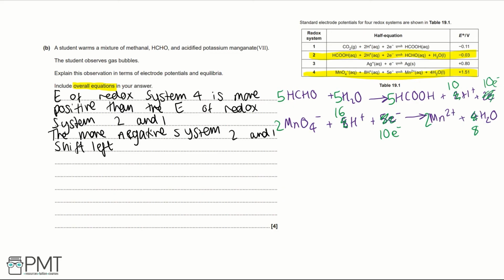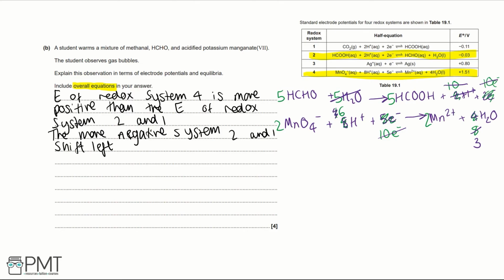Then we cancel some things. The electrons can be cancelled because they're the same species and they're on opposite sides of the equation. Some of the waters can be cancelled, so these 5 and then 3 is left. Then we can cancel some of the H+, so this 10, and then we're left with 6.